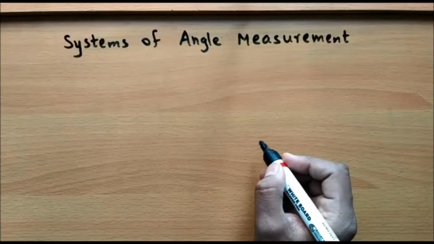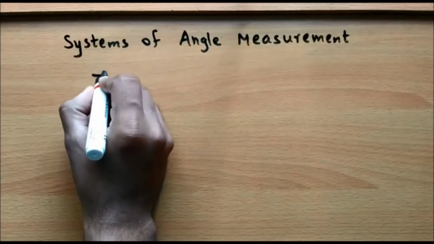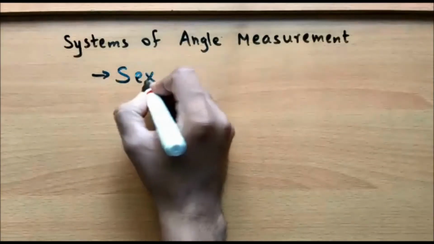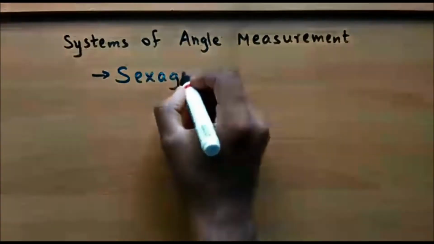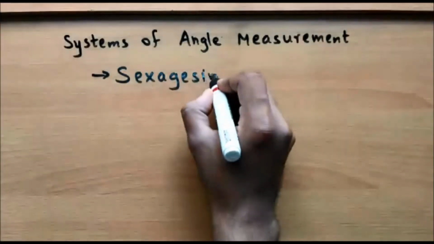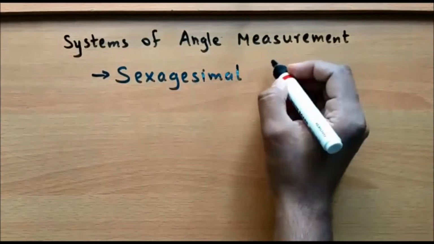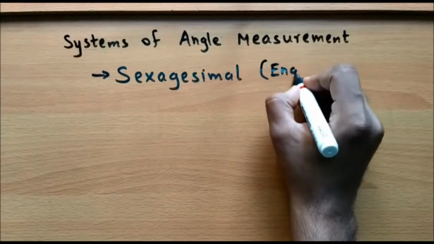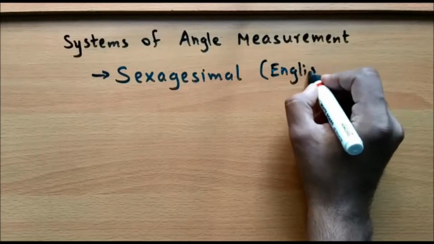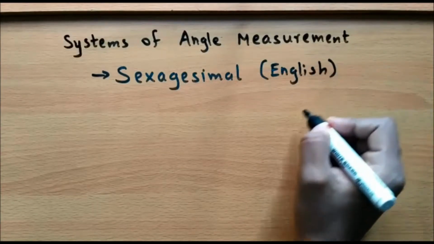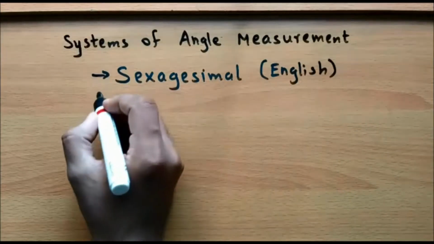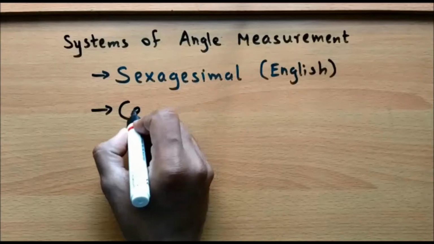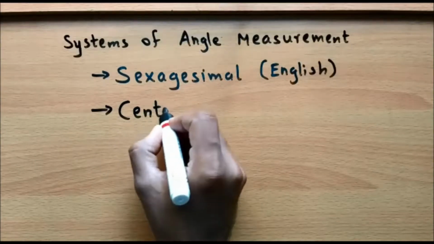So the first system of angle measurement is the Sexagesimal System, and that's in English. After the first, we have the Centesimal System.